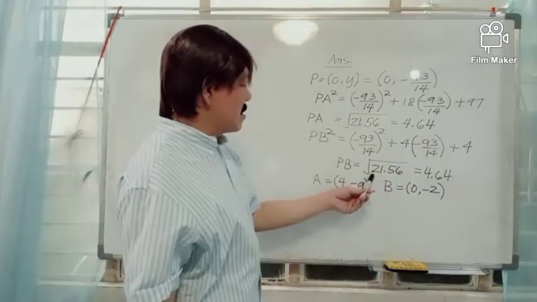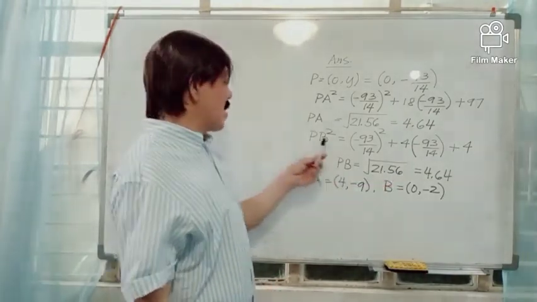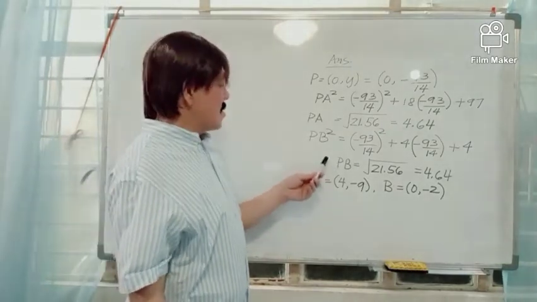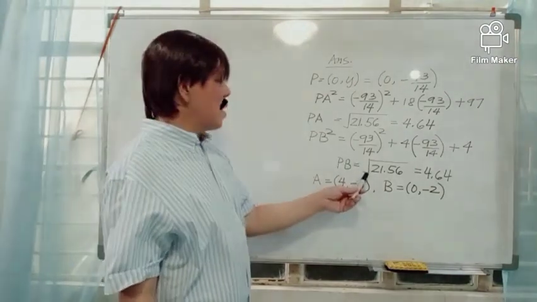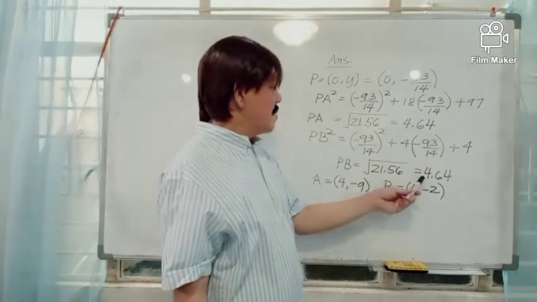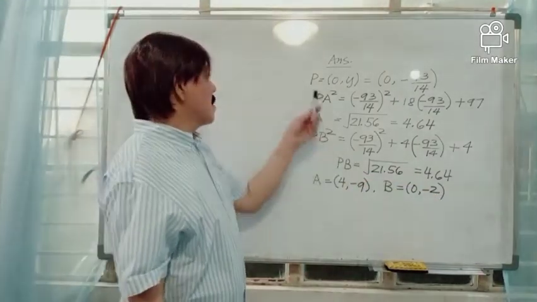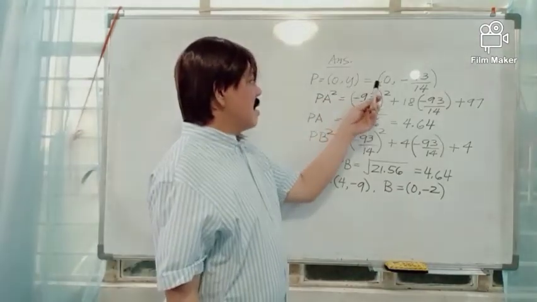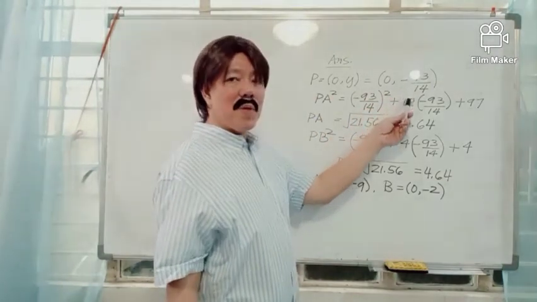And you should get 21.56. 21.56 is the square of the distance between the points P and B. And to get the distance between the points P and B, we extract the root of 21.56 and it gives us 4.64. 4.64 units is the distance between the points P and B, where P is the point with coordinates 0, negative 93 over 14.